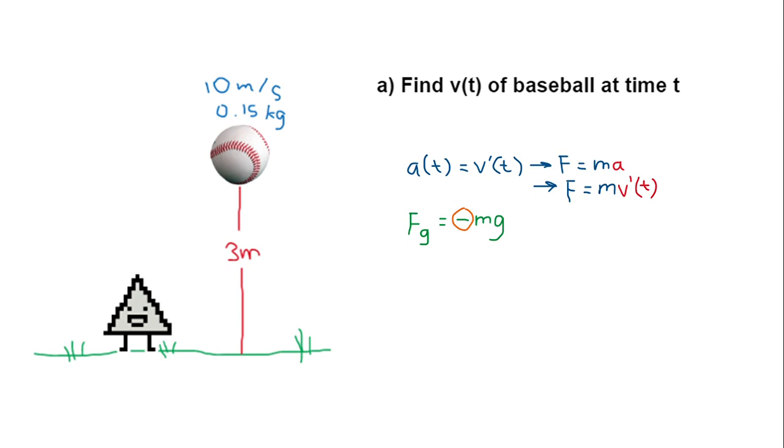And according to Newton's second law as well, the force of gravity acting on the baseball equals minus mass times gravity, and it is minus as the baseball is going downwards, not upwards. And also according to Newton's second law, the force acting on the baseball equals the force of gravity acting on the baseball.